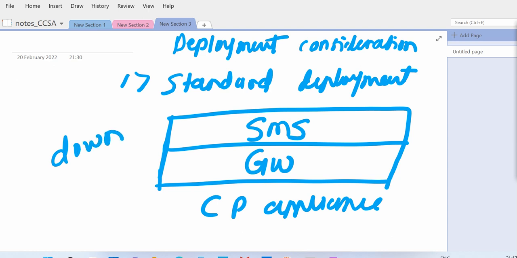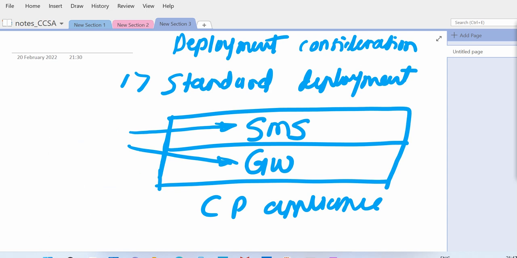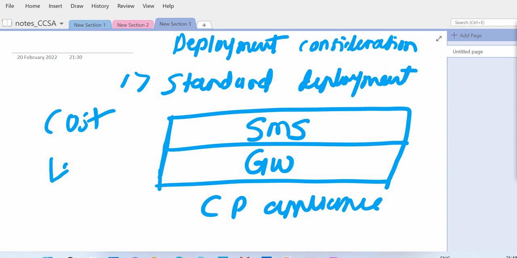In such a scenario, the SMS functionality and the gateway functionality go down at the same time, your packet processing gets stopped and you have an outage, right? The advantage of this sort of deployment is that it saves your cost. Obviously you don't have to purchase a different appliance for a different purpose, so it saves your cost, but in a situation it gives you a big loss also.